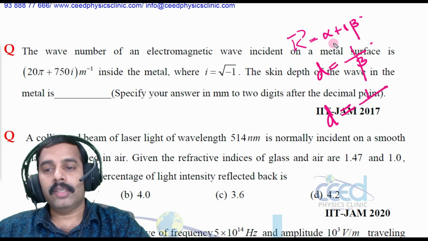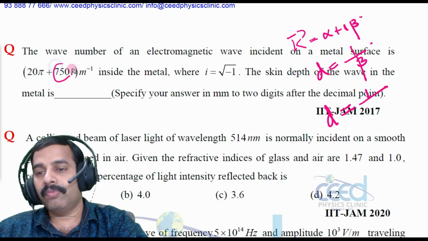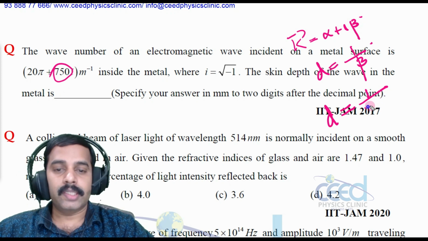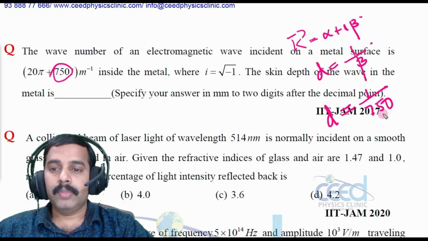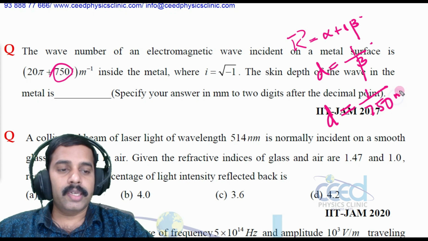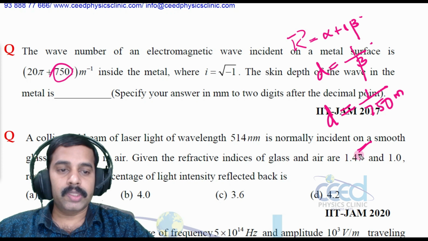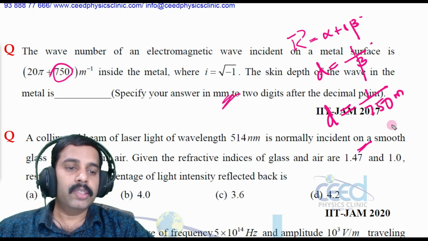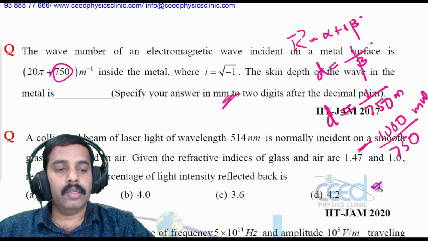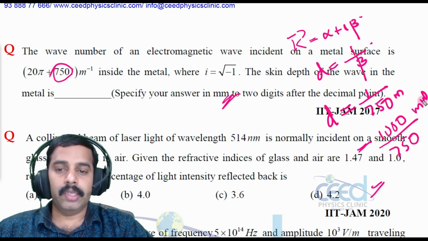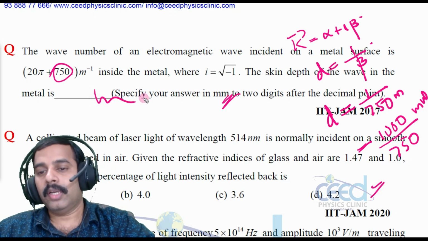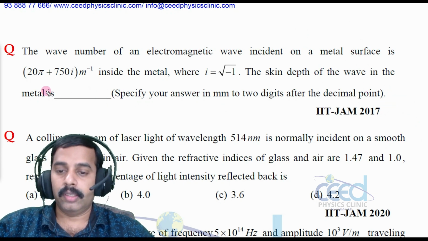What is beta here? Instead of i beta here we have 750 i, so beta is 750. So that much meter, right? So I can write this as the skin depth of the metal; specify your answer in millimeter. To convert it to millimeter, I can multiply with 1000. So 1000 by 750 millimeter. That is 1 point something millimeter, right? That you have to write as the answer here.